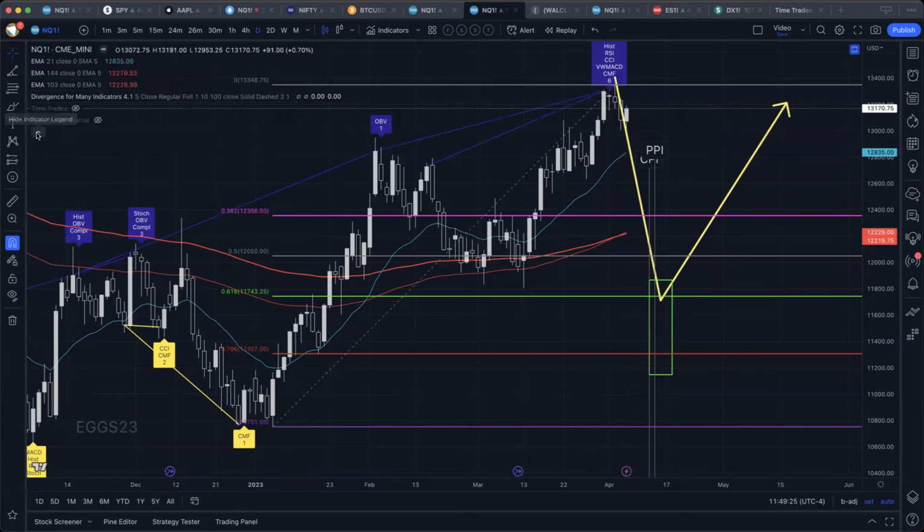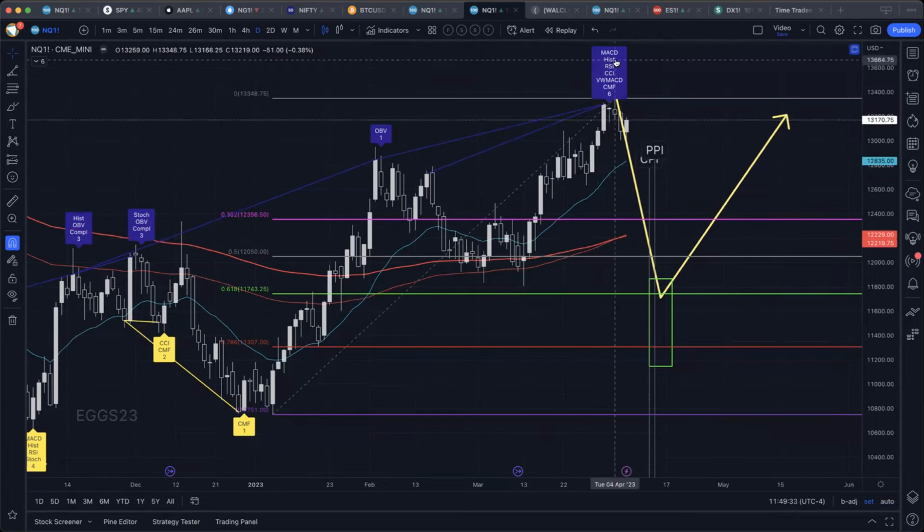If we turn that on, we can see on Monday we got 6 divergences here in the MACD histogram, RSI, commodity channel index, volume weighted MACD, and Chaikin money flow. All 6 of those indicators on the daily on the NQ registered divergences.